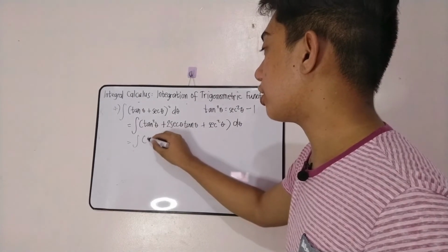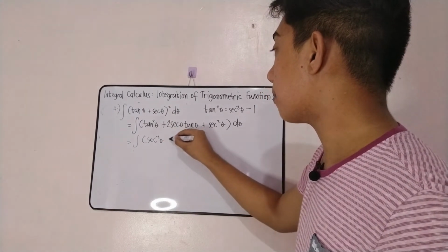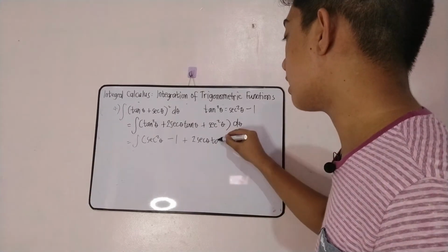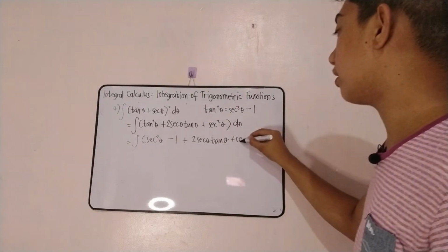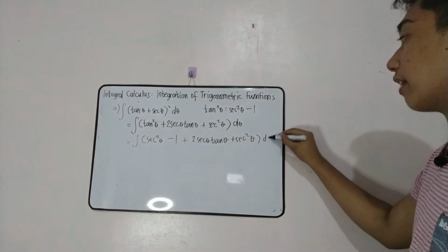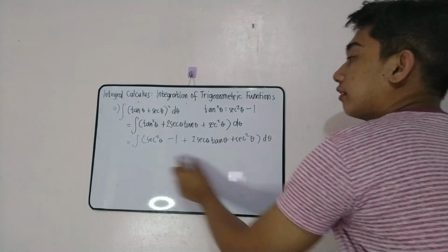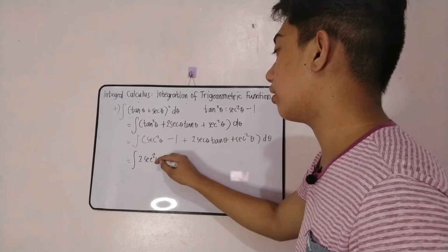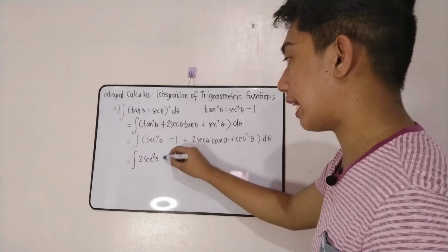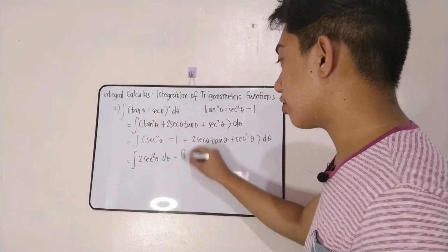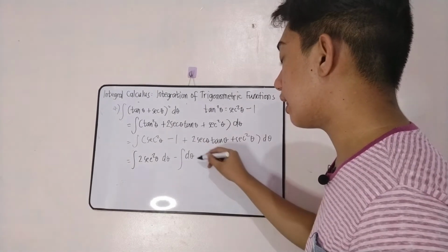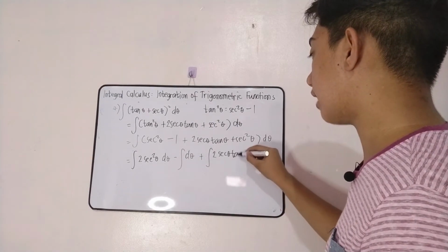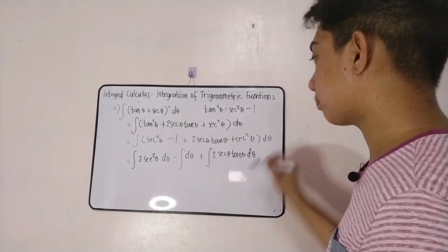So, the integration of secant squared theta minus 1 plus 2 secant theta tangent theta plus secant squared theta d theta. Now, we can add these. This becomes 2 secant squared theta d theta minus 1, d theta, plus the integration of 2 secant theta tangent theta d theta.